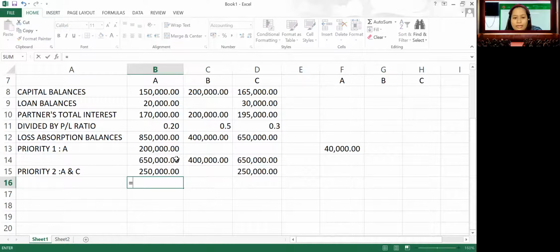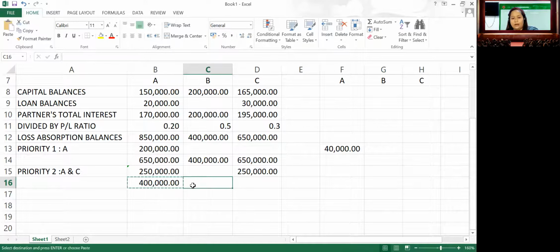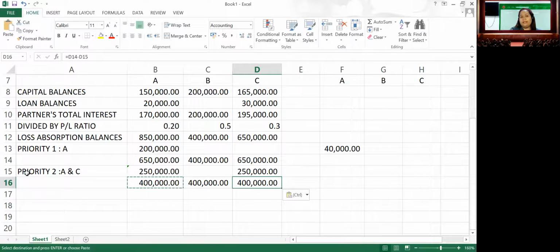So, we have here 650,000 minus 250,000. Meron ka ng 400,000 here. 400,000, 400,000. So, at the end of priority number 2, their loss absorption balances now are 400,000. So, same process lang din po yung gagawin natin.